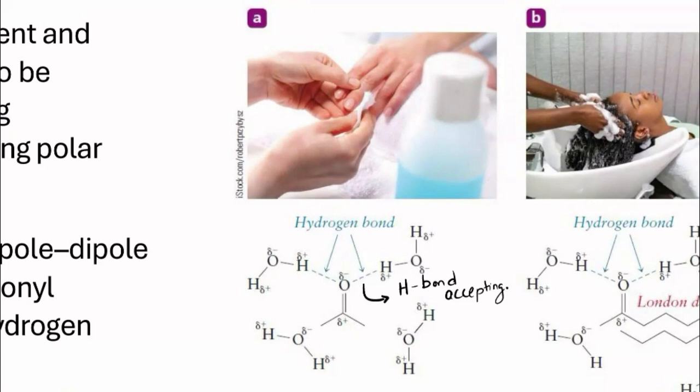And since oxygen is one of those three electronegative atoms that can be involved in hydrogen bonding, that's why we see a hydrogen bond of our ketone with water. Remember that the three atoms that are able to undergo hydrogen bonding events are going to be fluorine, oxygen, and nitrogen.